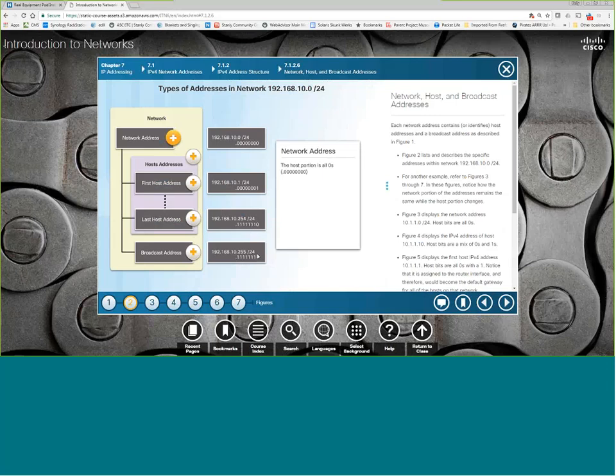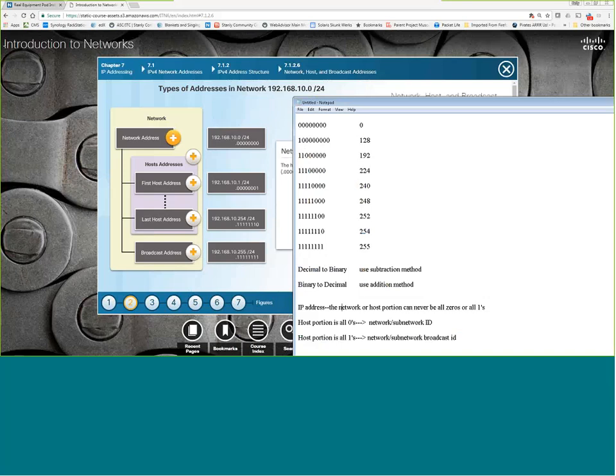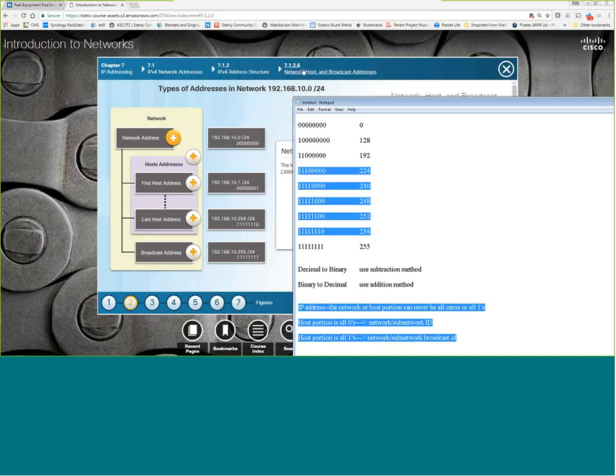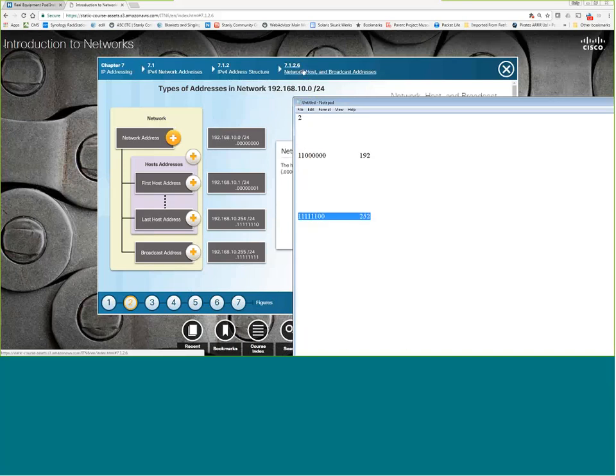So this is how we get that formula that I gave you. In every network, 2 raised to the H power minus 2 equals the number of hosts per subnet, where H equals the number of host bits.